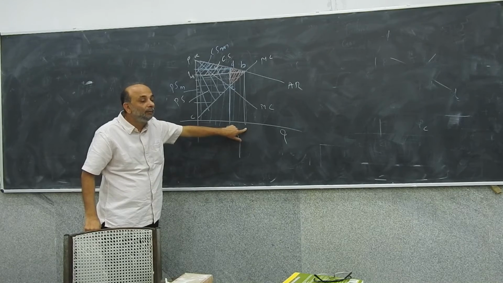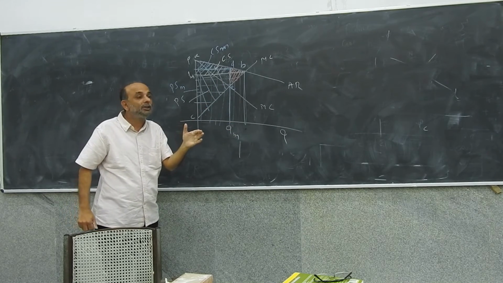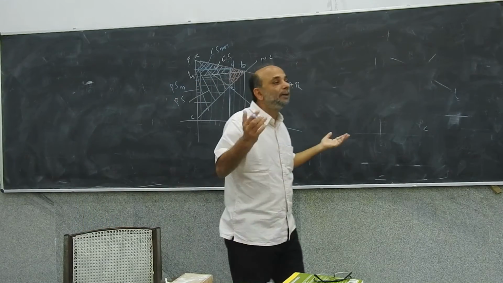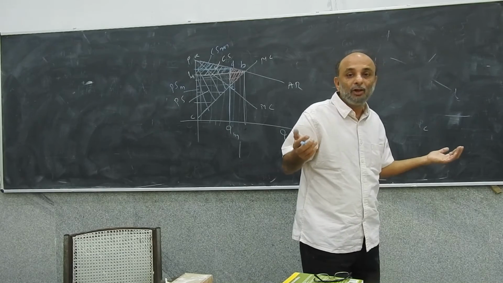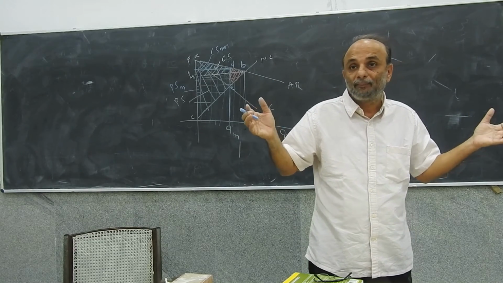The only difference would be that there would be no consumer surplus. All the surplus is the producer's surplus, but the price and quantity would be the same as in a competitive economy. So if you have a fully informed monopolist, you don't have any deadweight loss.